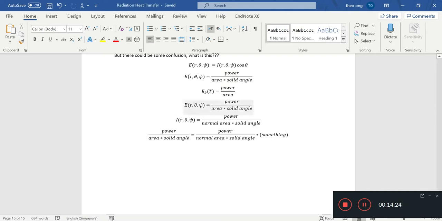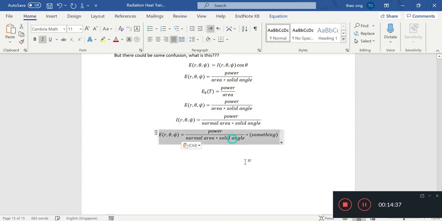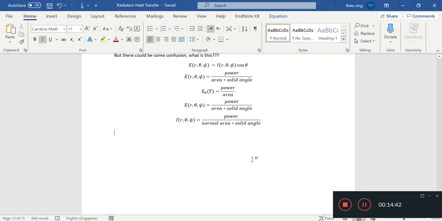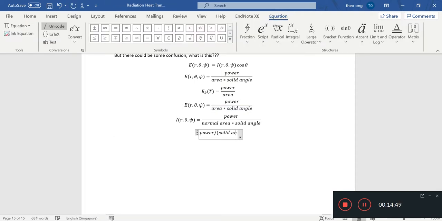I'll just put this here. Let's say we'll just put this power per unit area per unit solid angle. We'll get rid of this little area here, so we'll just do power per solid angle equals E, whatever this expression is, times the area, and the area here is, let's say, A3.